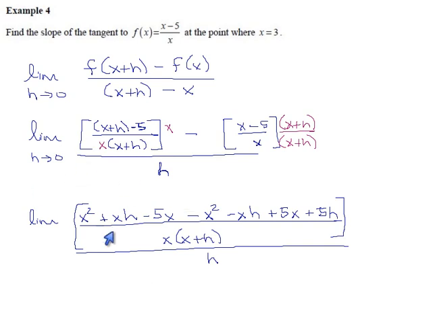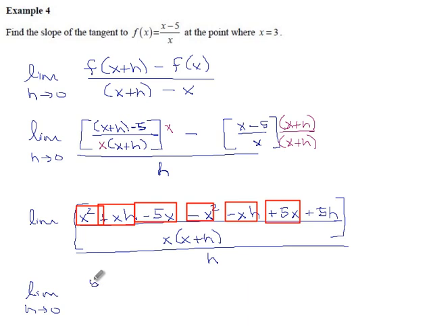Now when we clean this up, let's see what happens. x squared minus x squared. Those cancel out. Lovely. We have plus xh minus xh. Those drop out also. We have minus 5x plus 5x. This is wonderful. In the end, we have the limit as h goes to 0 of 5h over x plus h, and it's also divided by h.